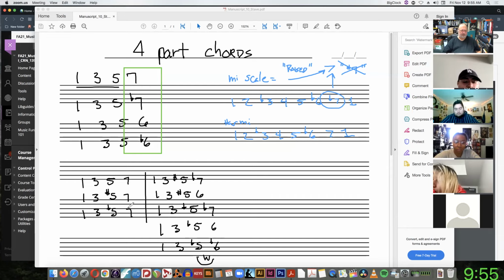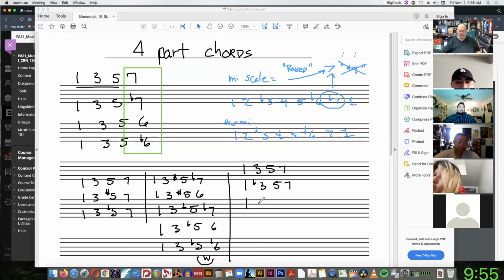So these are the mods of the 7. These are the mods of the 5. So combined, we get all these variables, right? Now, what's the next mod we can do? The 3, right? Yeah? So if we got 1, 3, 5, 7, I can go 1, flat 3, 5, 7.